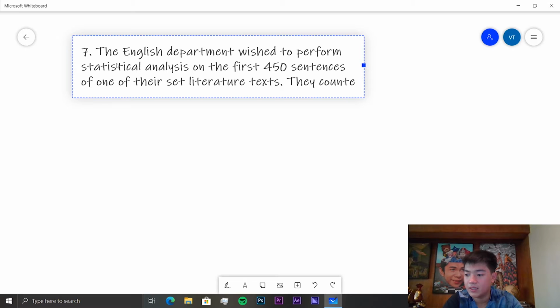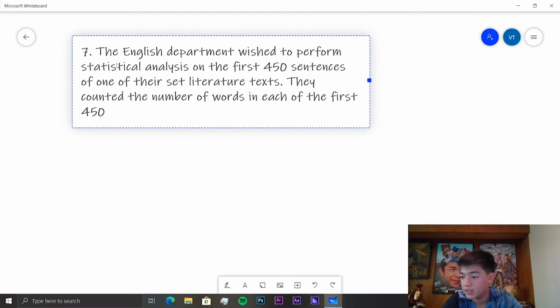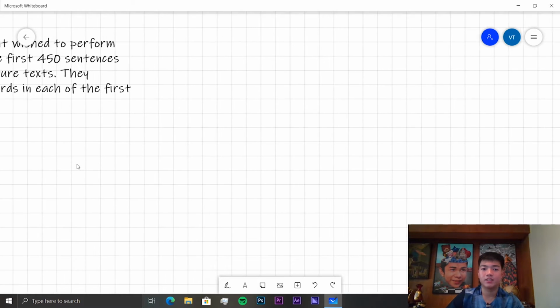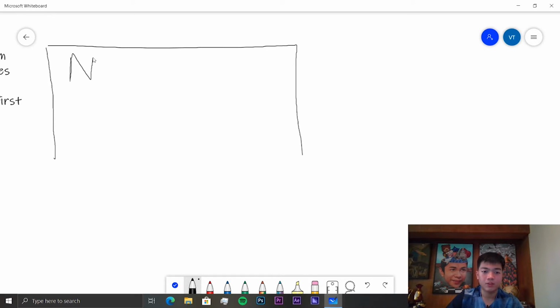They counted the number of words in each of the first 450 sentences. And so we are given a helpful table, with the number of words per sentence and the number of sentences, which is the frequency.